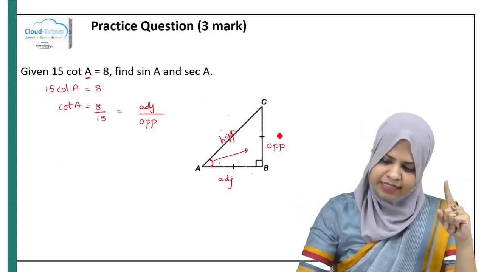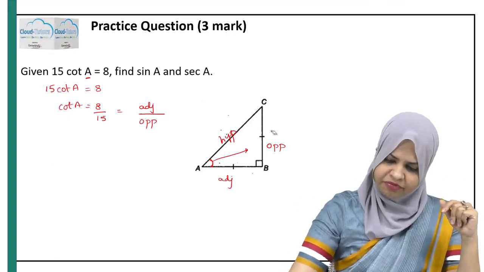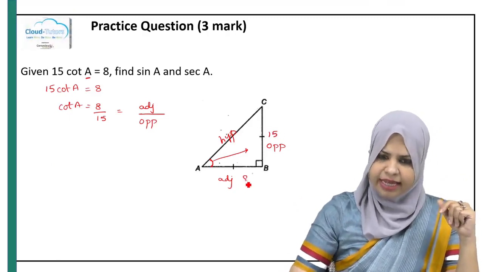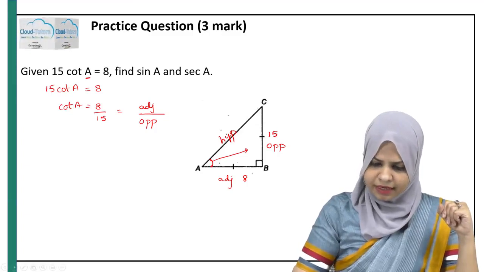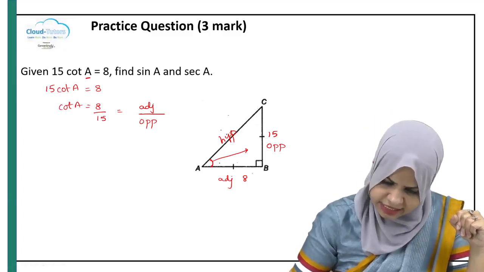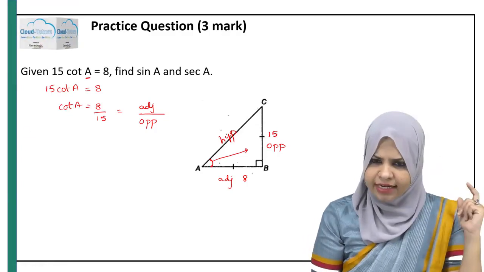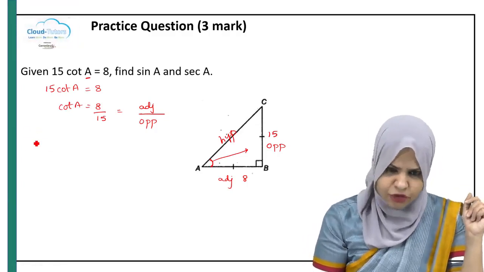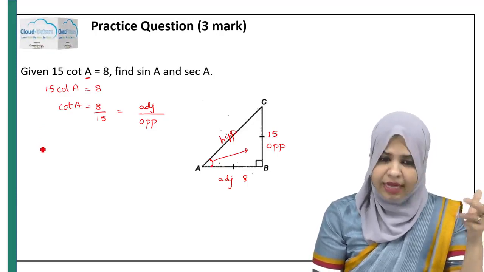Now I can say this is 15 and this is 8, correct? Adjacent side is 8. Find sine A and secant A. Now let's do that. So cot A is given.